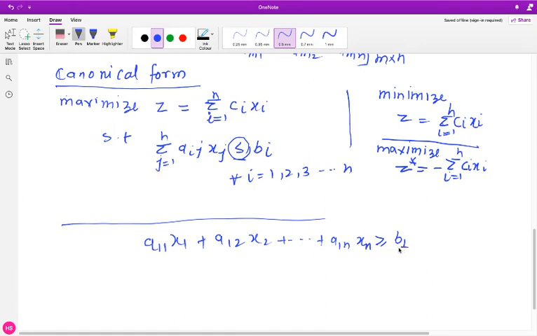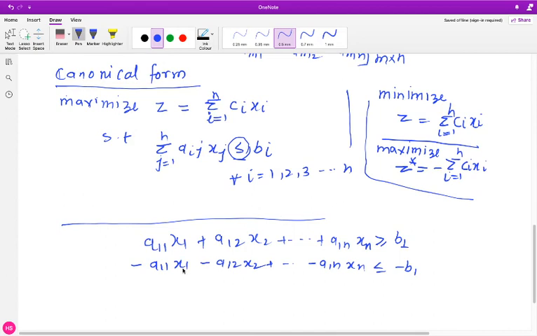We can easily convert this greater than or equal to constraint into a less than or equal to constraint by multiplying with -1 both sides. So this constraint will become minus a11 x1 minus a12 x2 minus a1n xn less than or equal to minus b1. This is the process of converting a greater than or equal to constraint into a less than or equal to constraint, and the earlier one is the process of converting a minimization problem into a maximization problem.